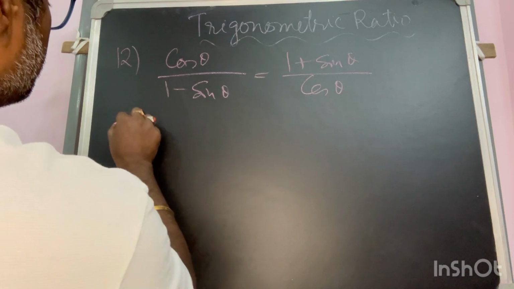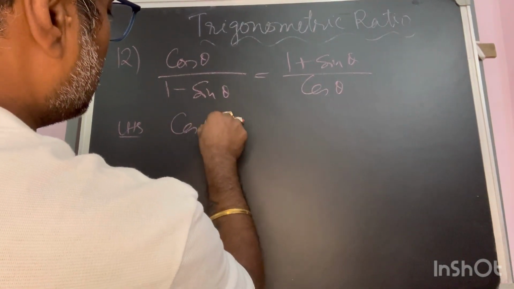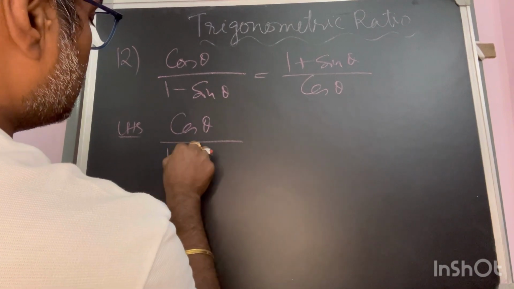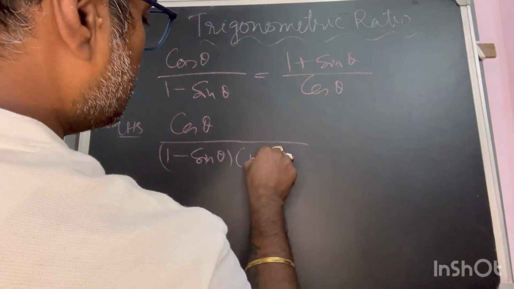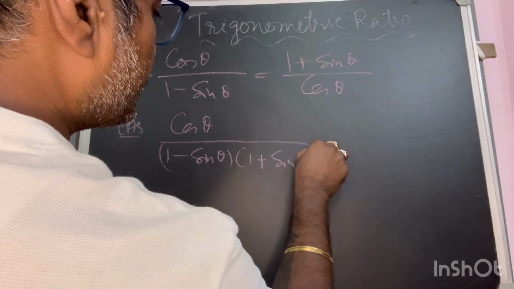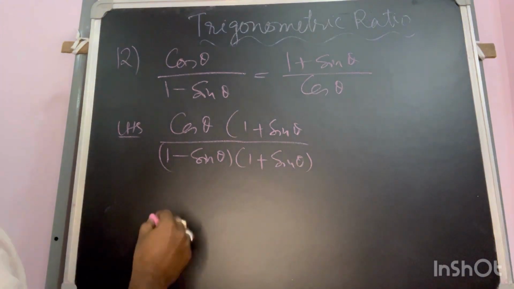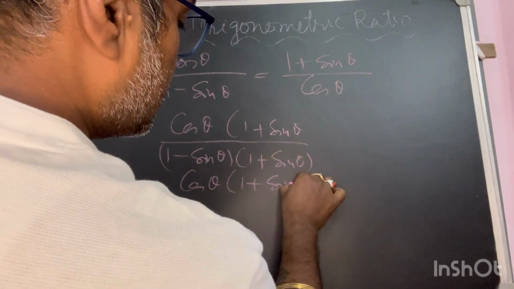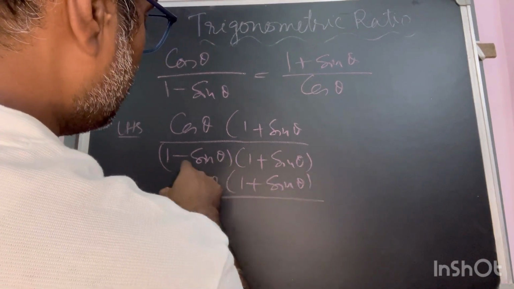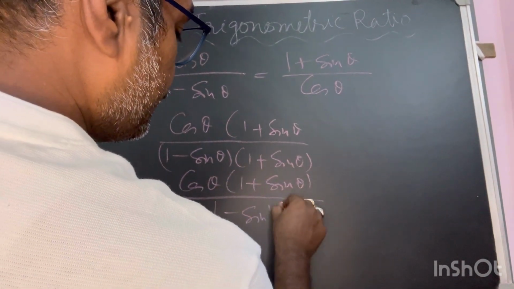Yeah. Starting from the left hand side, here you can start from anywhere, but let me start with this. I will multiply it with the conjugate. So that is cos theta into 1 plus sin theta divided by 1 minus sin theta into 1 plus sin theta, which is 1 minus sin square theta.